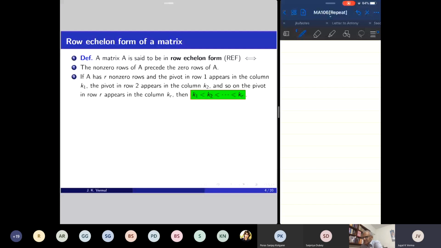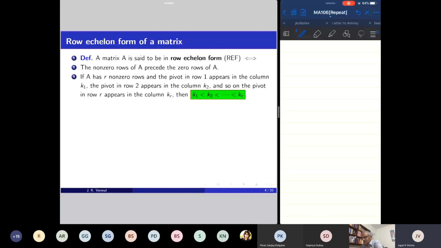So if A has non-zero rows and the pivot in row 1 appears in column K1, and the pivot in row 2 appears in column K2, and so on, then the column indices should increase.